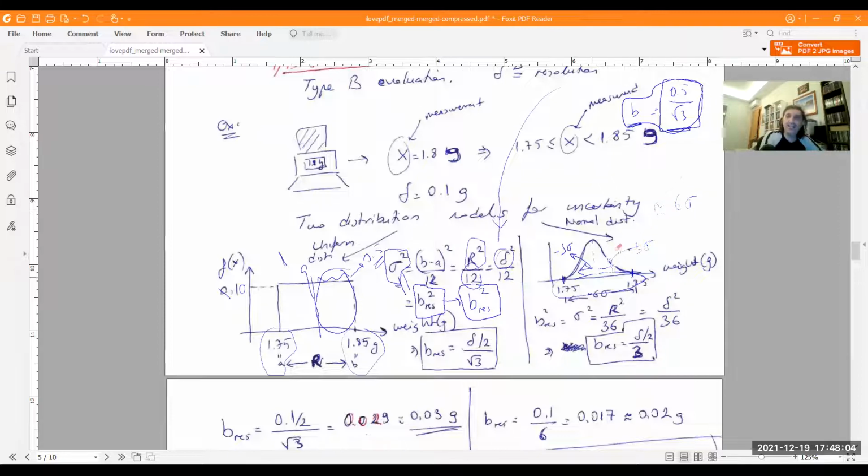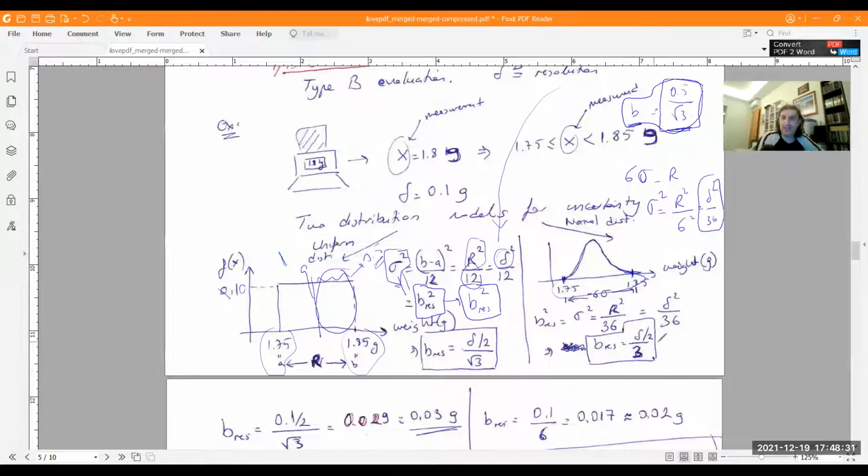Therefore, we can easily say that 6 sigma is going to be equal to the range. So sigma is going to be equal to range over 6. So when you take the square on both sides, it's going to be resolution over 36 here.